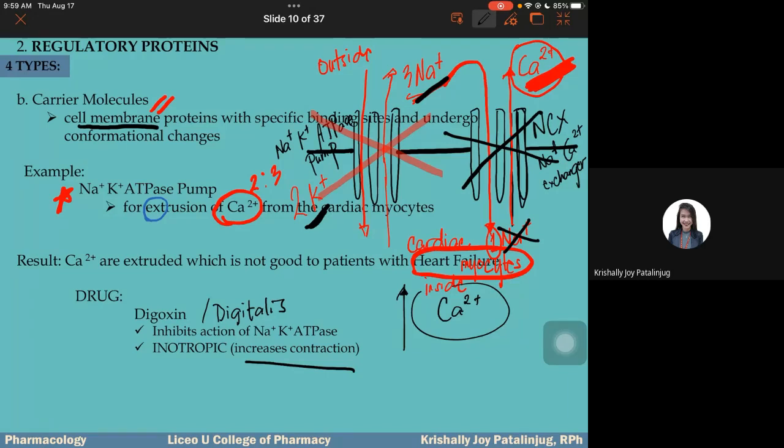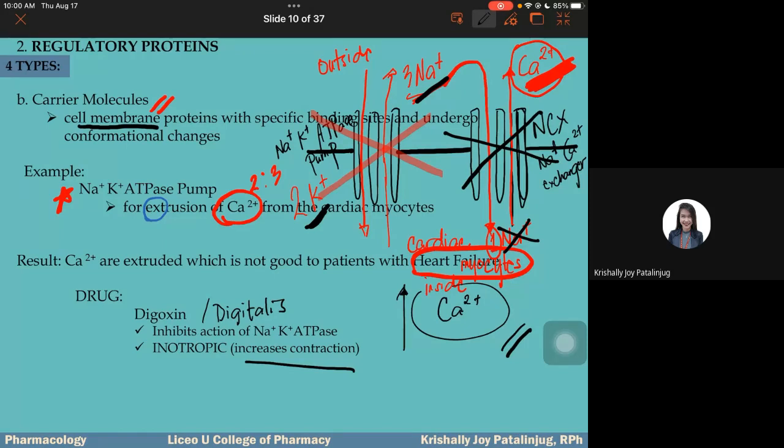So it has an inotropic effect because it will cause accumulation of calcium ion inside the cell. Calcium is important for muscular contraction. So that's the function of digoxin. It's an example of a drug that targets a carrier molecule, the sodium potassium ATPase pump.